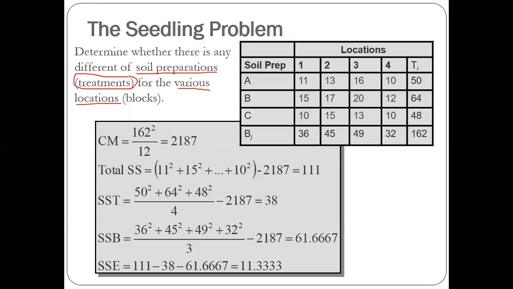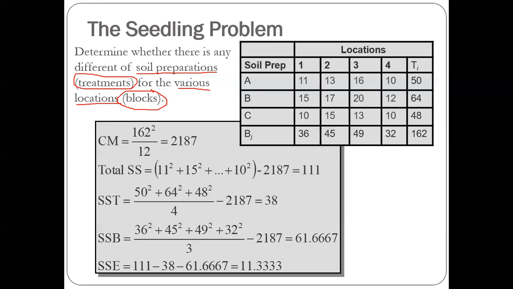But now the question also wants us to determine the difference for the various locations, which is the other variable, so it refers to the blocks. So that is two-way ANOVA.